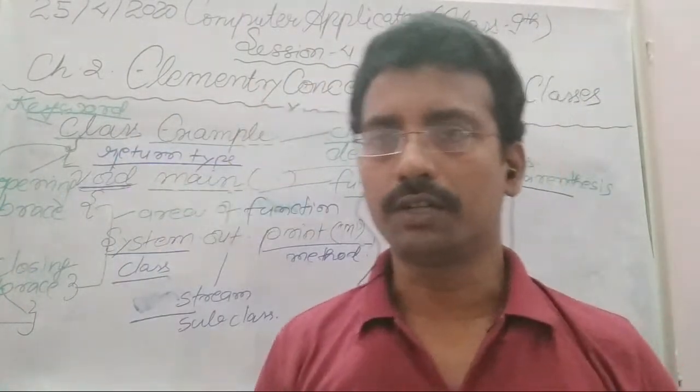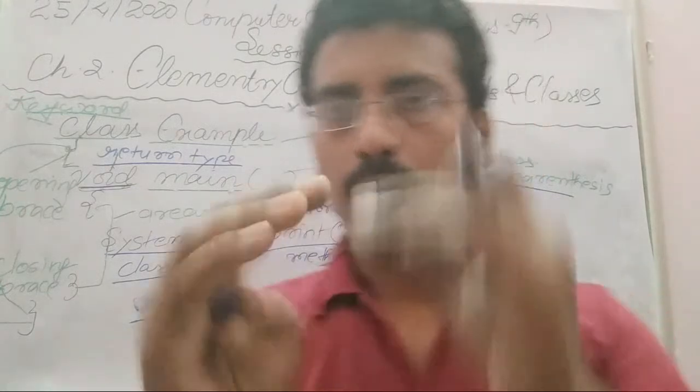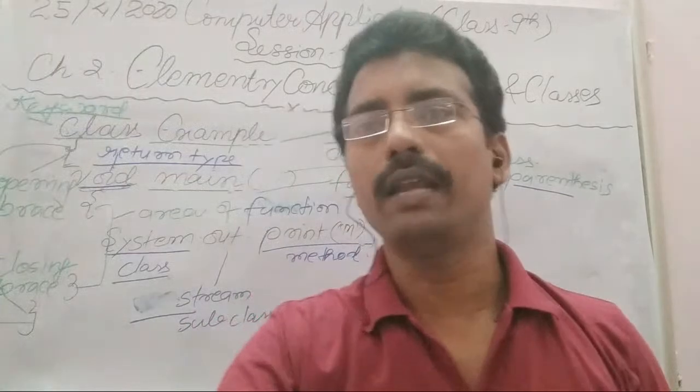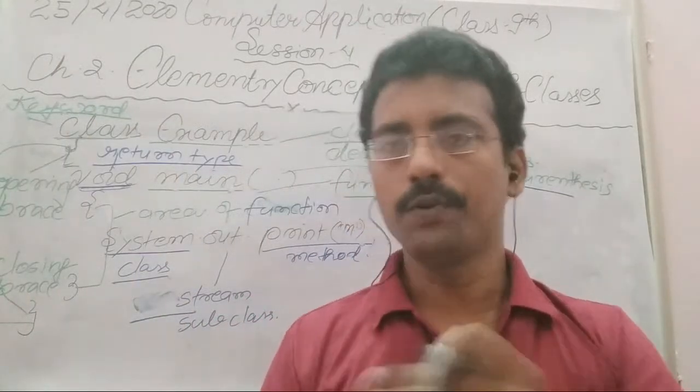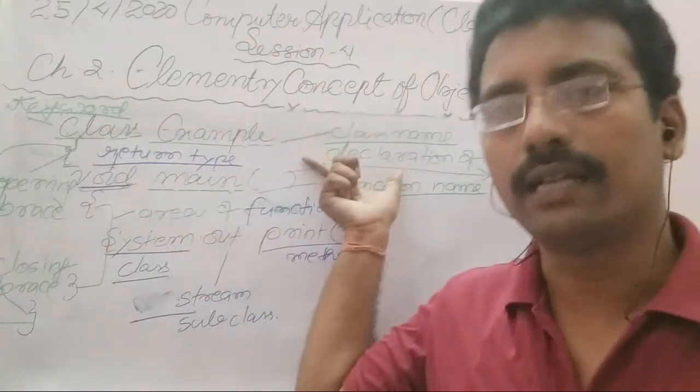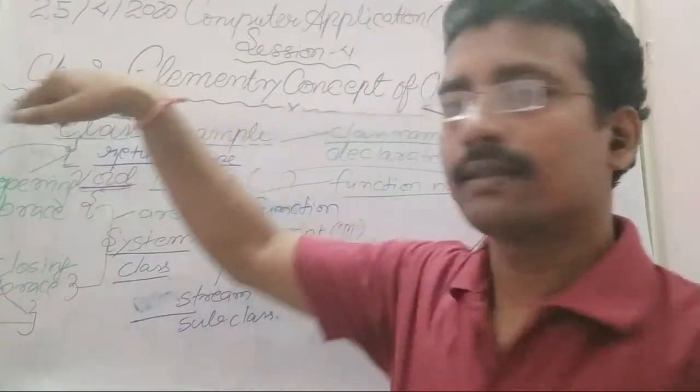If you learn these logical terms, your multiple definitions will be easier to write in the examination, and you can achieve maximum marks. What is this line? Class declaration. What is this? Class definition.